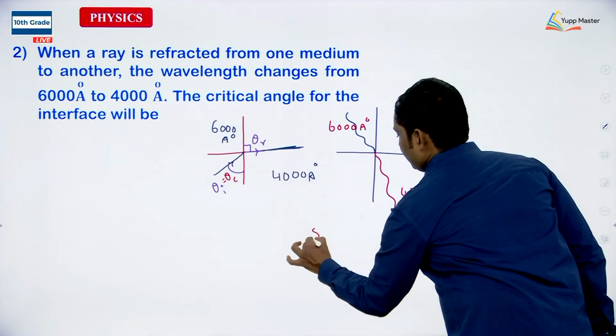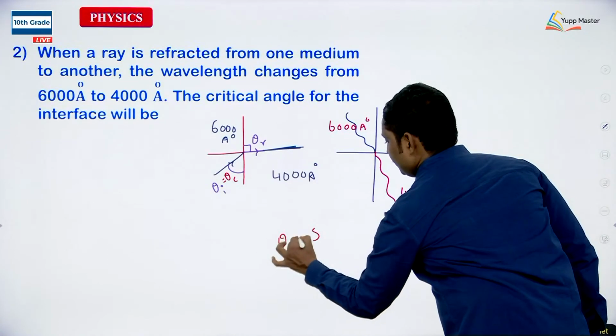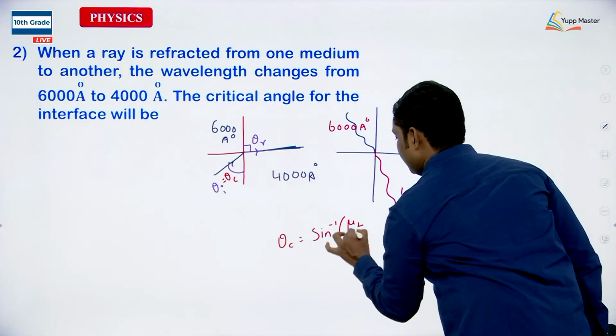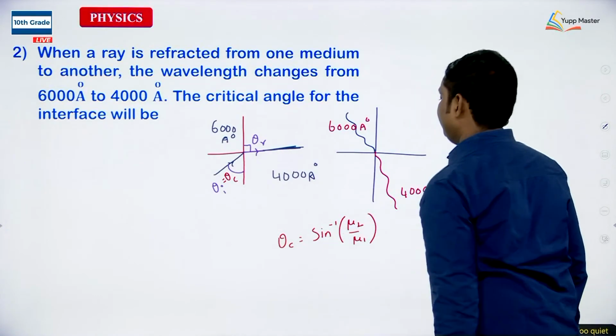Therefore, theta C is equal to sin inverse mu 2 by mu 1.